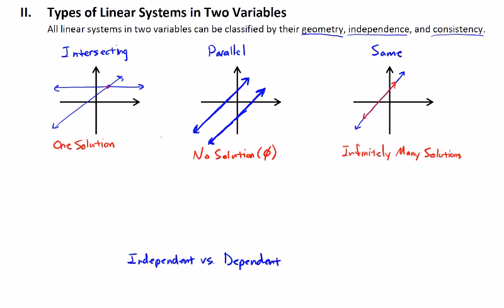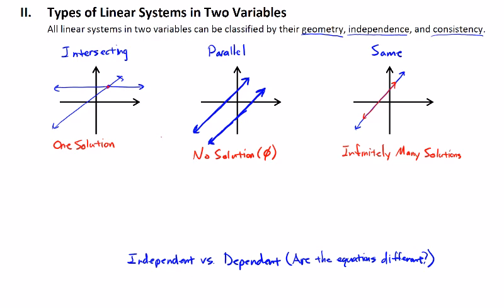Now, the idea of independent versus dependent has to do with the question, are the equations different? If your equations are different in the system, then that means that the system is independent. If your equations are actually the same, then that means that your system is dependent.